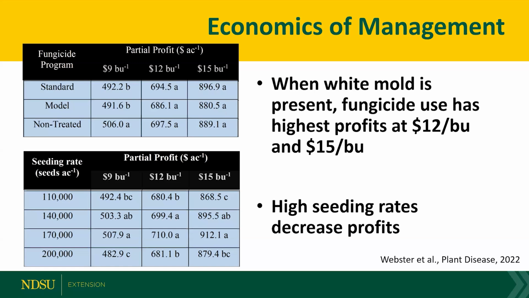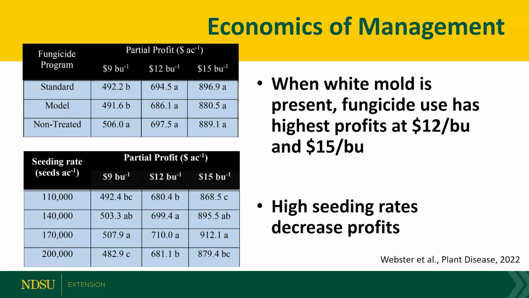This indicates that we can have the same profitability and reduce the amount of white mold present within that field. Now, the greater the risk of white mold, the higher the white mold development within that field, these numbers will increase, more favoring those fungicides comparatively to the non-treated.